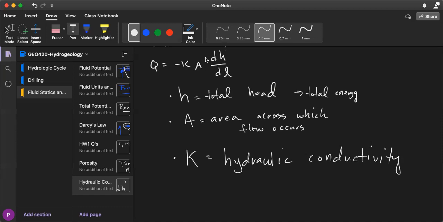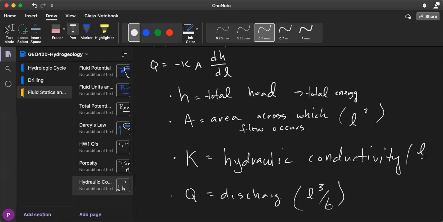What is the unit of area? All right, length squared. What's the unit of Q? Yeah, Q is discharge. Length cubed over time. Okay, great. So what's the unit of hydraulic conductivity? Length over time.